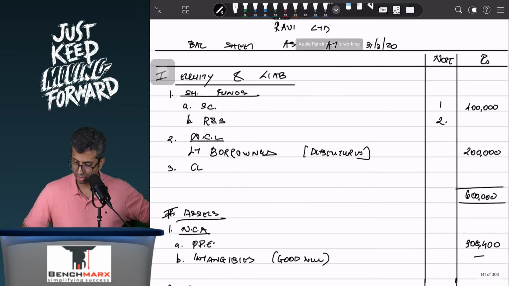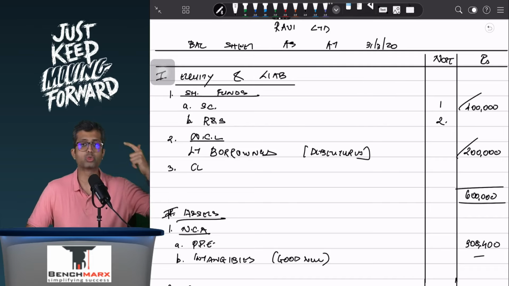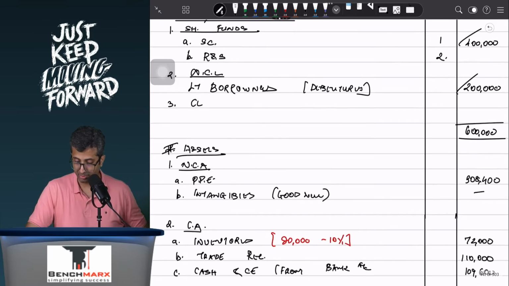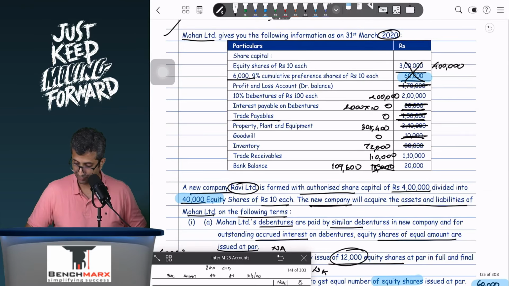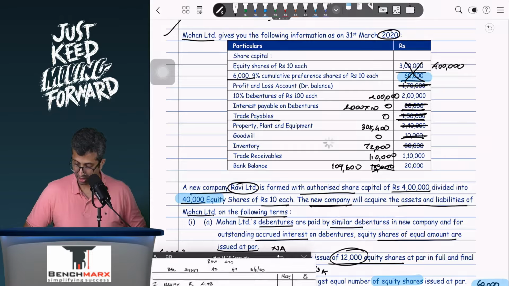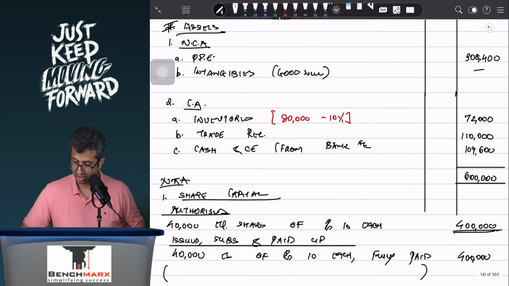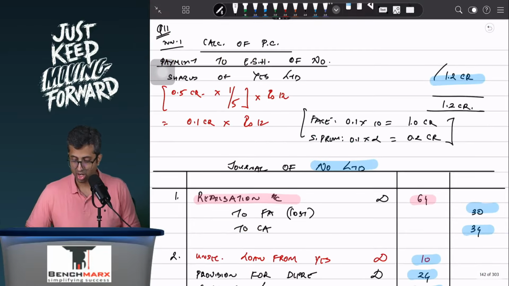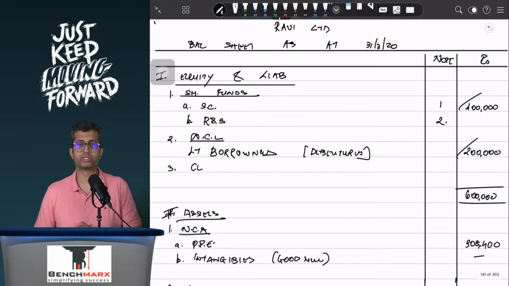So over here, you will have 4 lakhs, 2 lakhs. Remember, trade payables are paid off, outstanding interest is paid off, 2 lakhs worth of new debentures are issued. Assets जो भी है आपके 3,08,400, okay. 72,000 for inventory, 1,10,000 for debtors, and 1,09,600, and that takes care of question number 20.